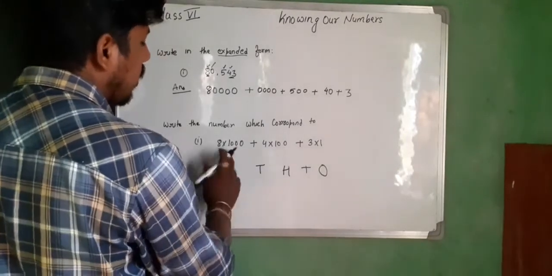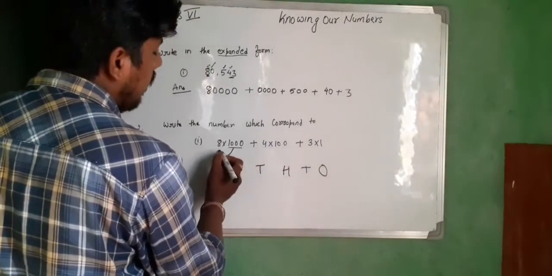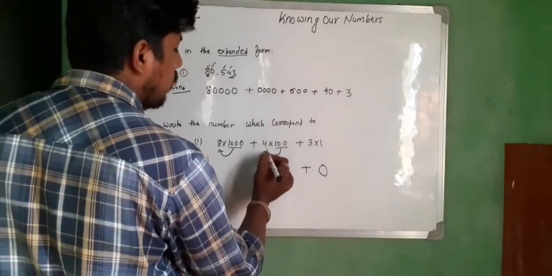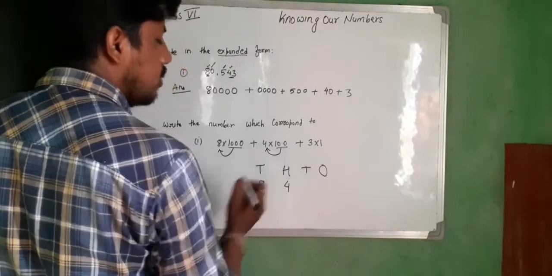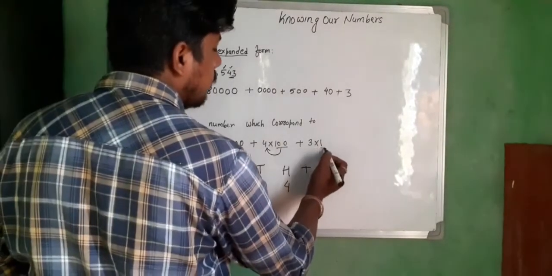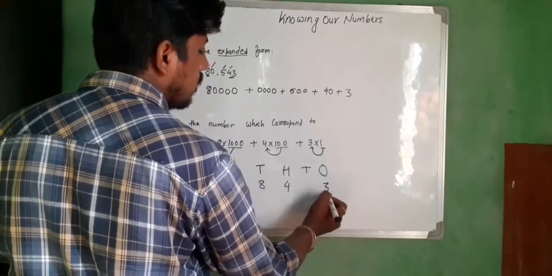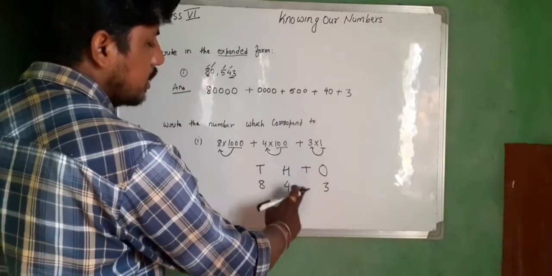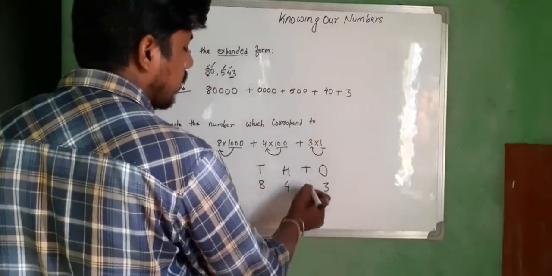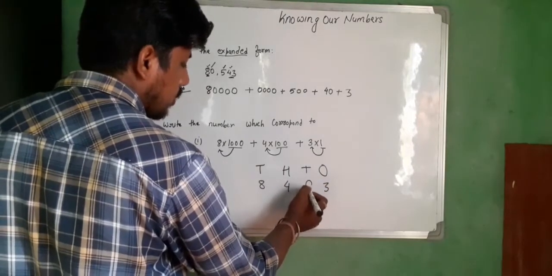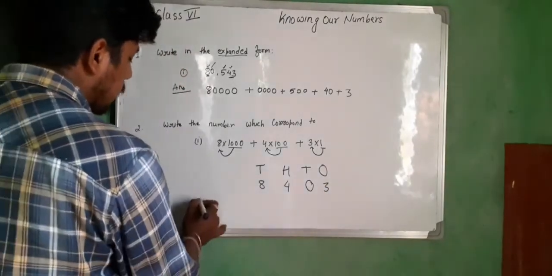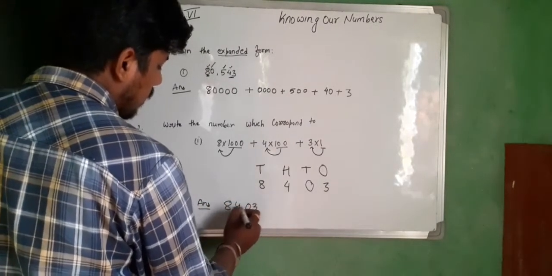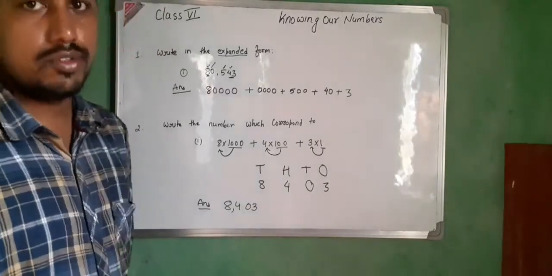In the 1000 place, what is there? 8, so put 8 here. In the 100 place, what is there? 4, so put 4. In the ones place, how much is there? 3, so put 3 here. But we see that the tens place is empty, so wherever we see an empty place, we put 0 there. So the answer is 8403.